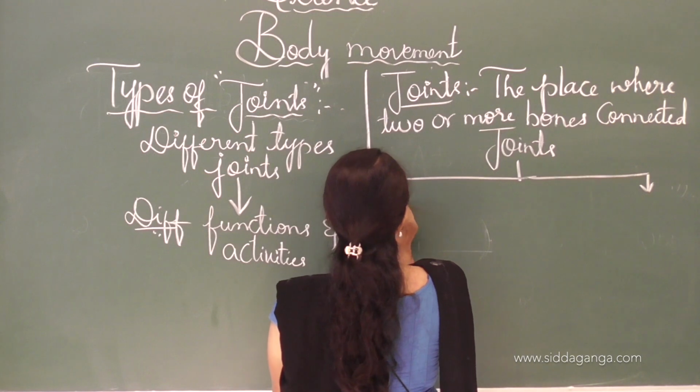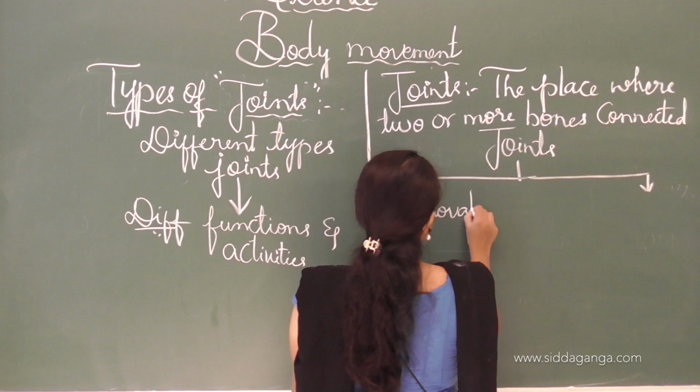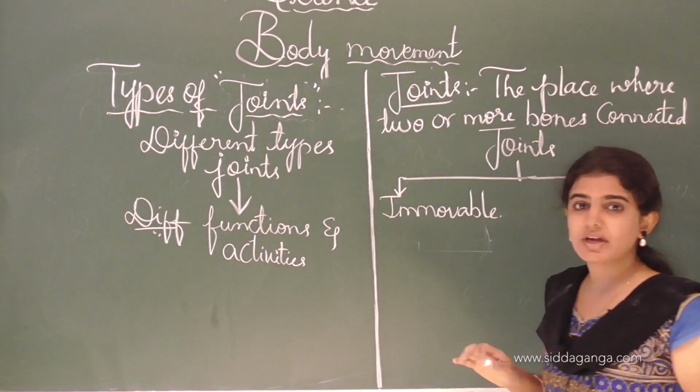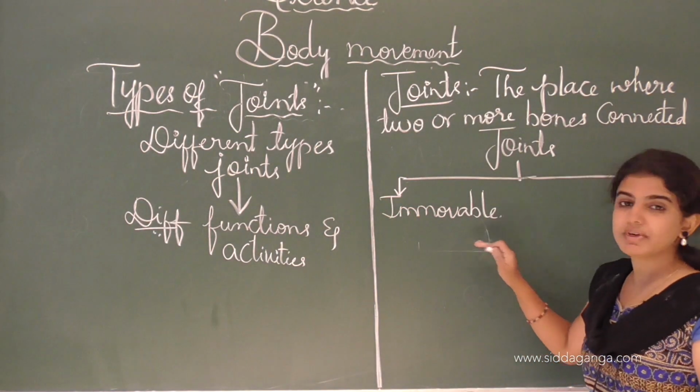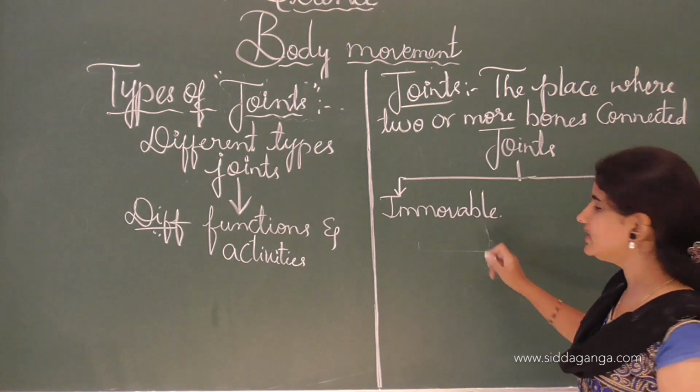The first one is the immovable joints. The name itself indicates that immovable means it can't be moved. Movement does not take place in them, and such joints are called immovable joints.